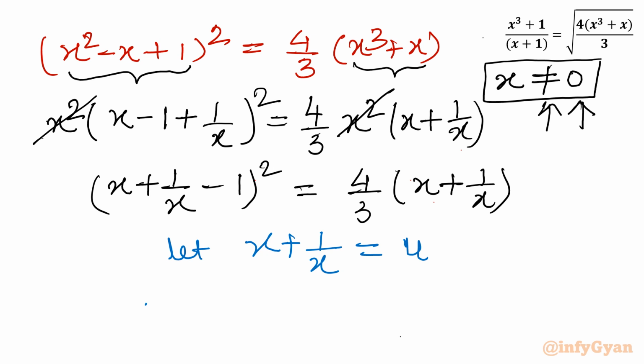So this equation will convert into u minus 1 whole square equal to 4 over 3 times u. Now let's cross multiply. So it will become 3 times u minus 1 whole square equal to 4u.